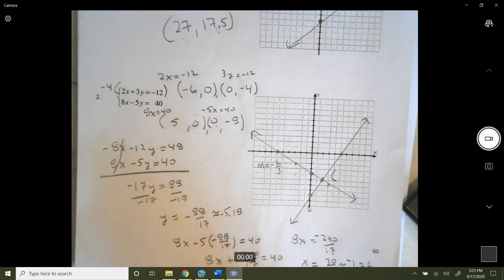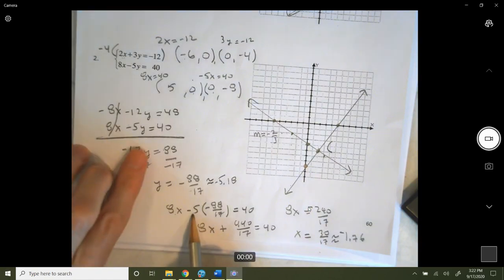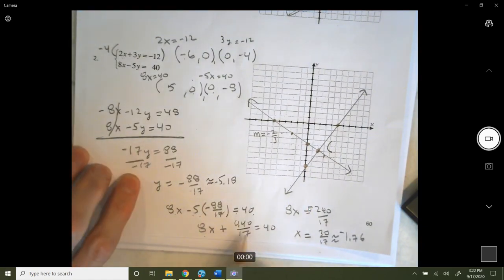Oh no, that should be positive. Let's see, 8x minus 5 times the y value equals 40.